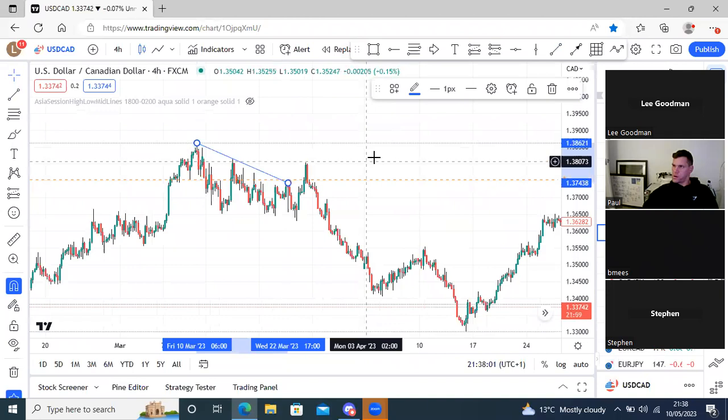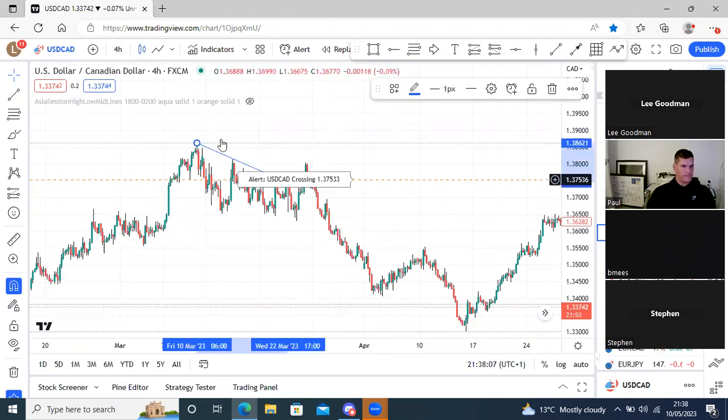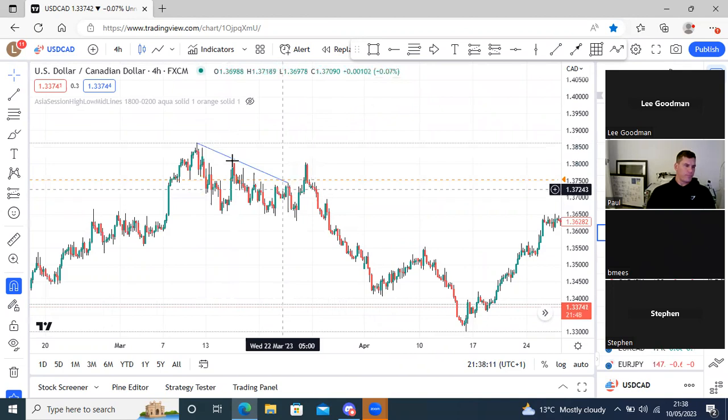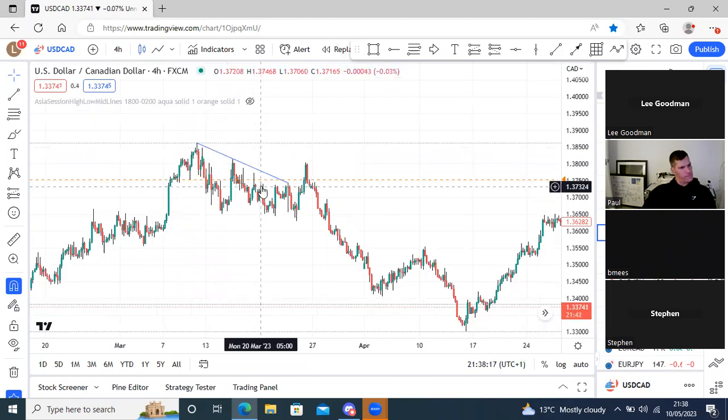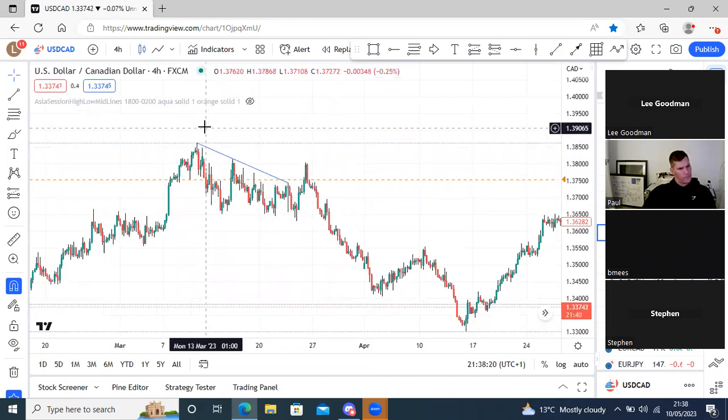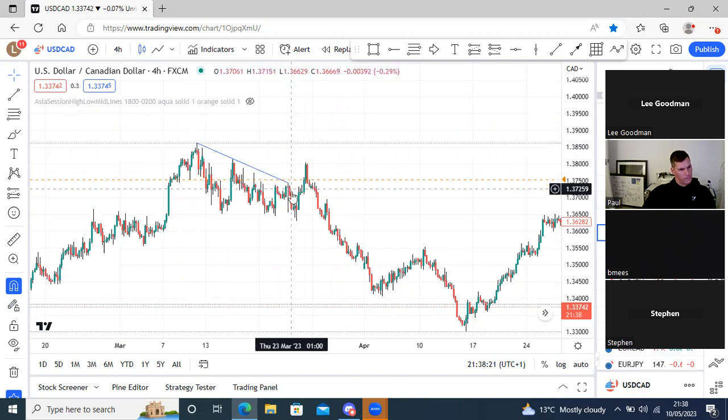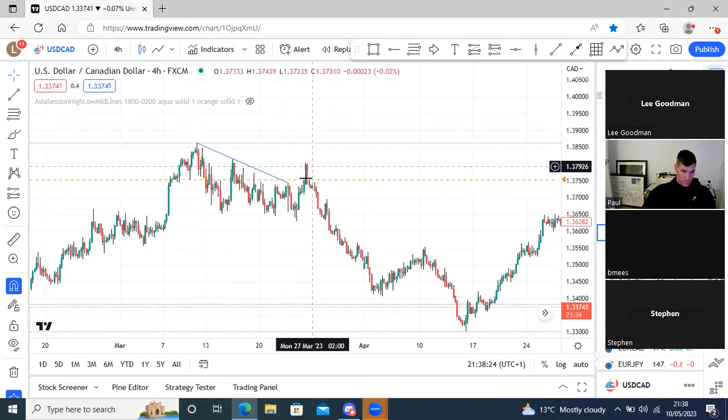Basically, when I come onto a chart, the first thing I do is look for liquidity. So it's three or more touches. If it's at an angle, if it's equal highs, then two is fine. What we look for is a trend line, then we get a liquidity sweep.